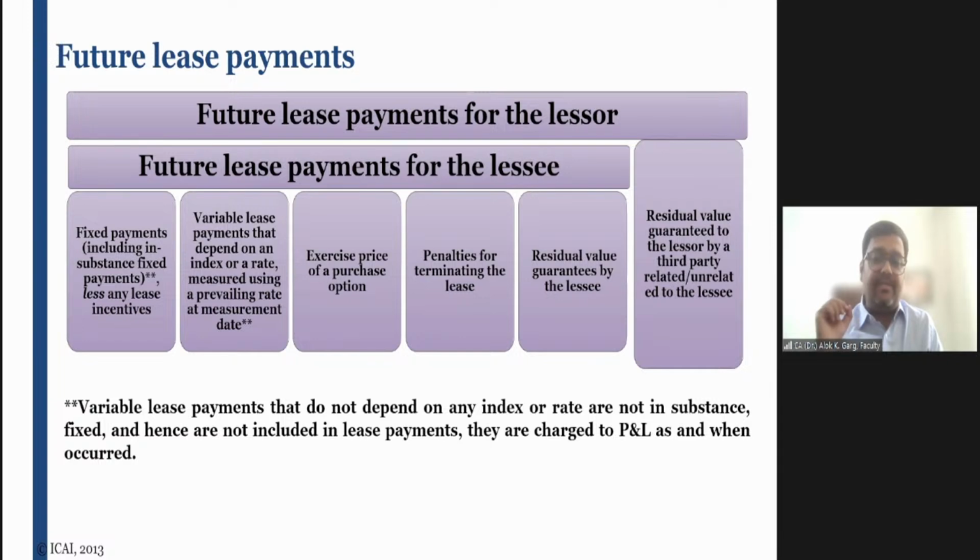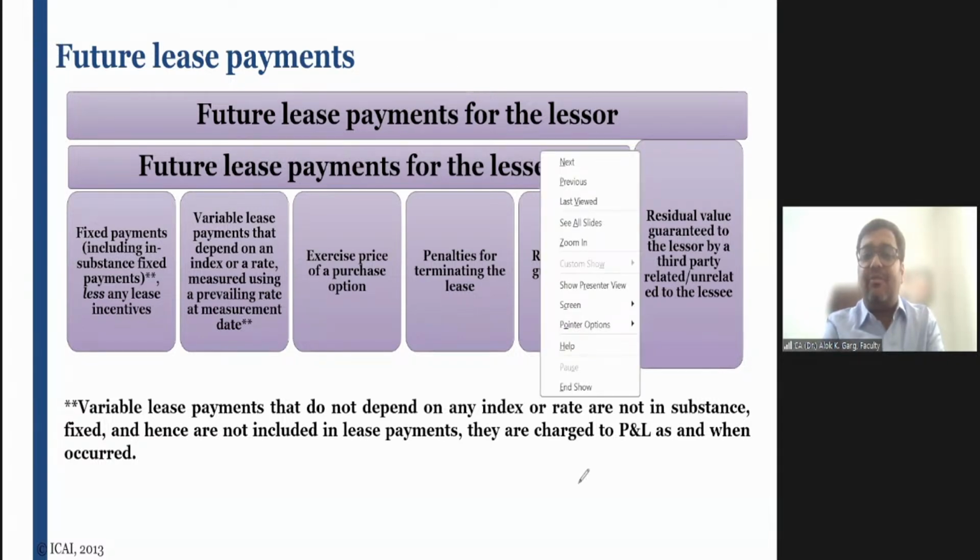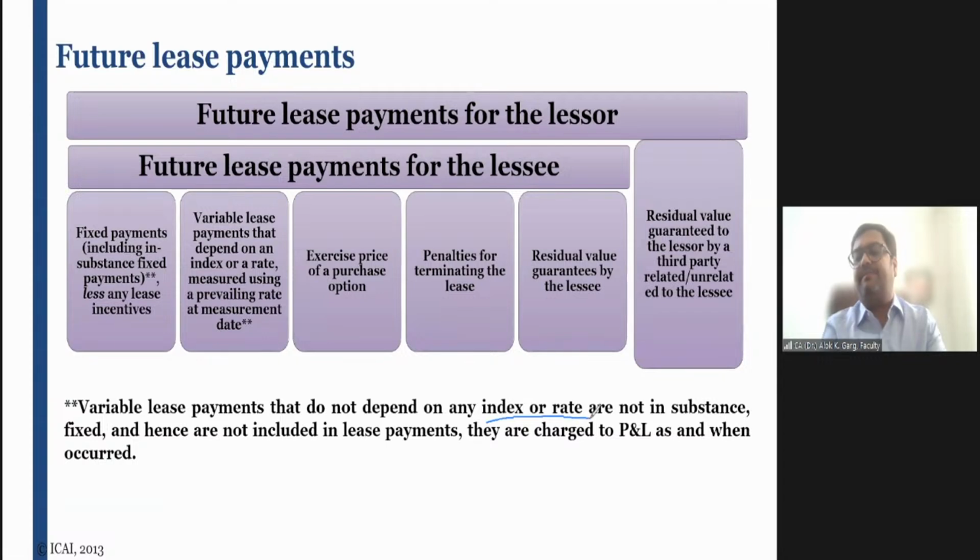Now, what happened, friends? What is meant by if it is not depending on an index or a rate? Friends, when you look at the lease contract, in some cases the lease payment is dependent upon some index.